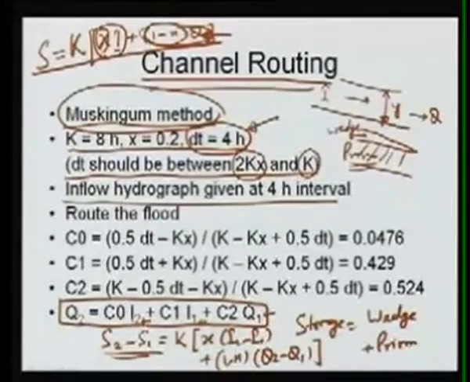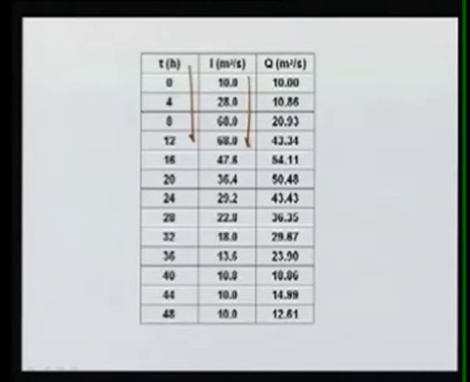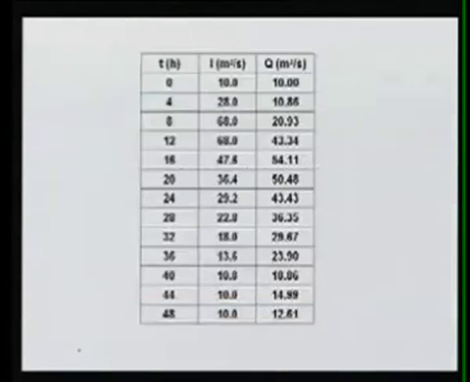So Q1, I1 and I2 are known, and C0, C1, C2 are constants which are obtained by these relationships. The numerical values of these constants are 0.0476, 0.429, 0.524, and therefore the computations are rather straightforward in this case. For the time given, inflow is given and Q2 is obtained from this equation where C0, C1, C2 are all known, and I2, I1 and Q1 are obtained from this.